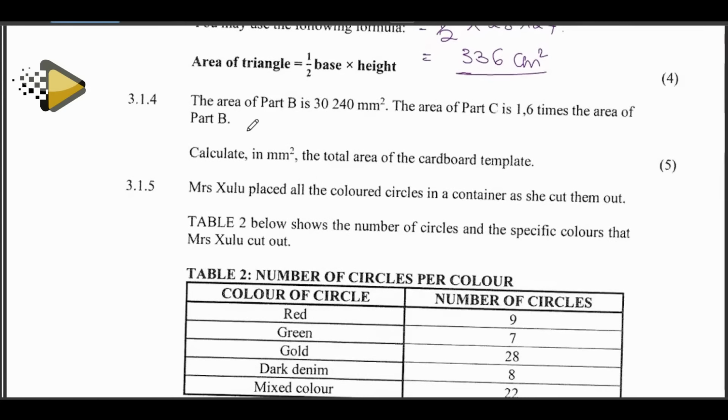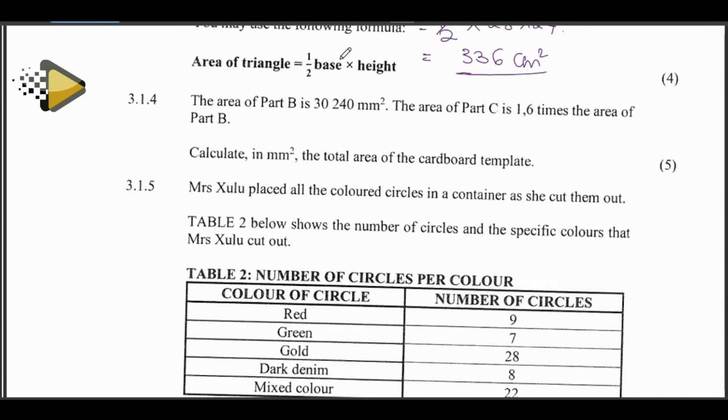The area of part B is 30,240 millimeters squared. The area of part C is 1.6 times the area of part B. Calculate in millimeters squared the total area of the cardboard template.